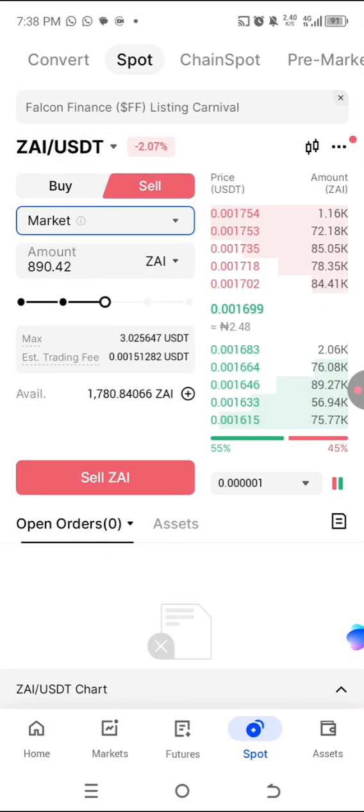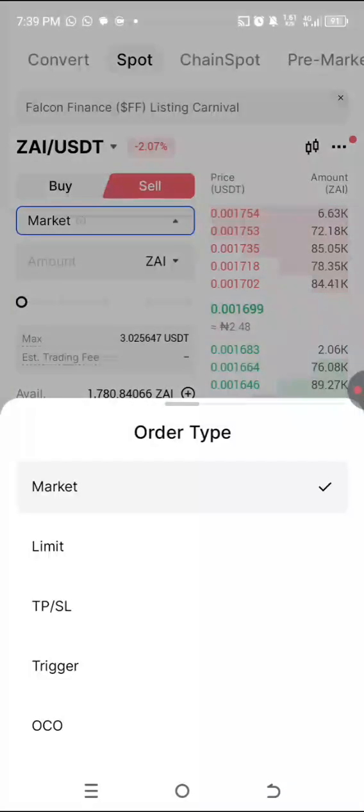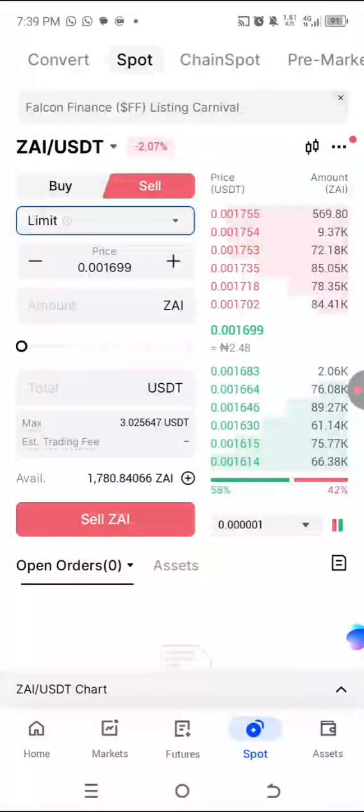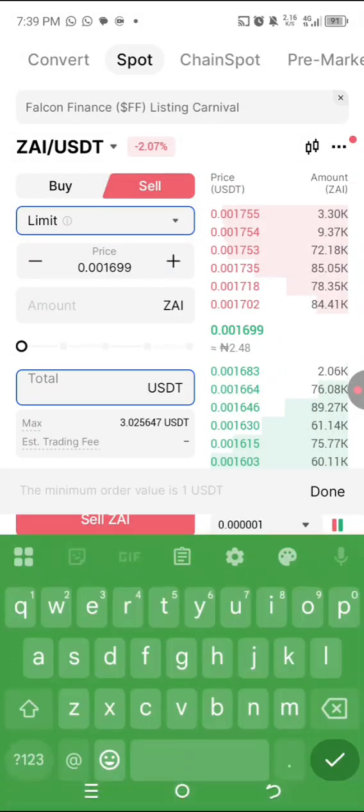On the other hand, if I don't want to sell even 50%, I want to sell a little quantity, because when you look at what I have here, the total amount is $3 and I want to sell $1 worth of it. What I will do is that I will change this to limit order, which will show me the quantity that will give me $1.